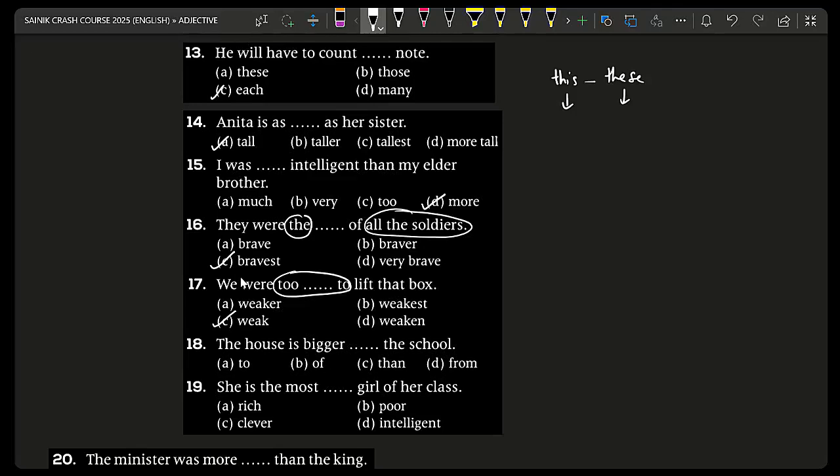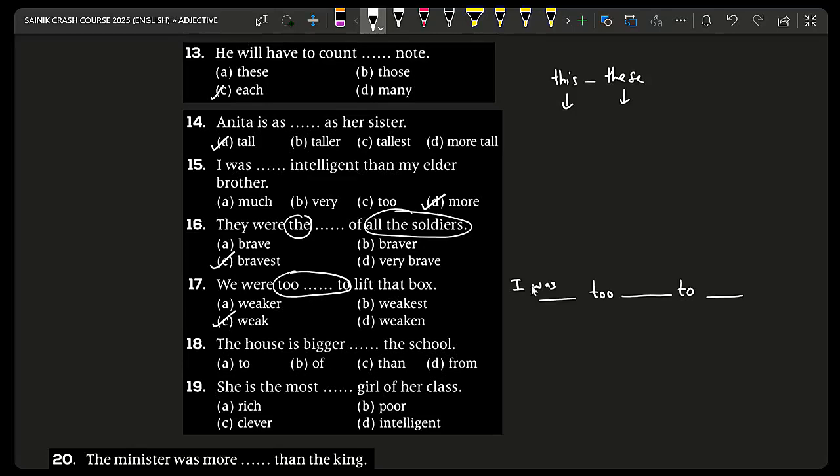Varshita, can I ask you a question? Can you create a statement on your own which has "too"? It should have "too".